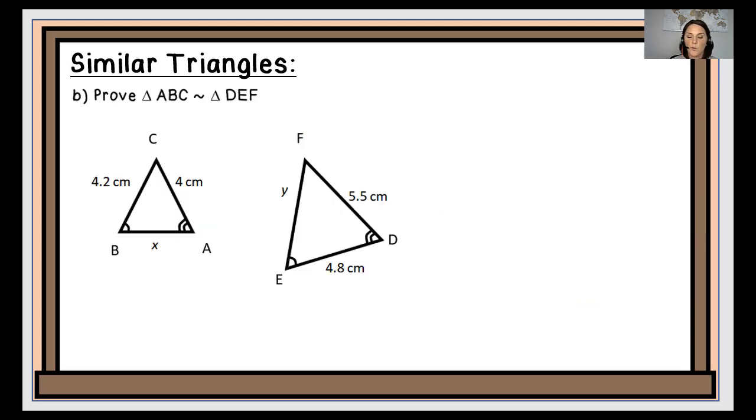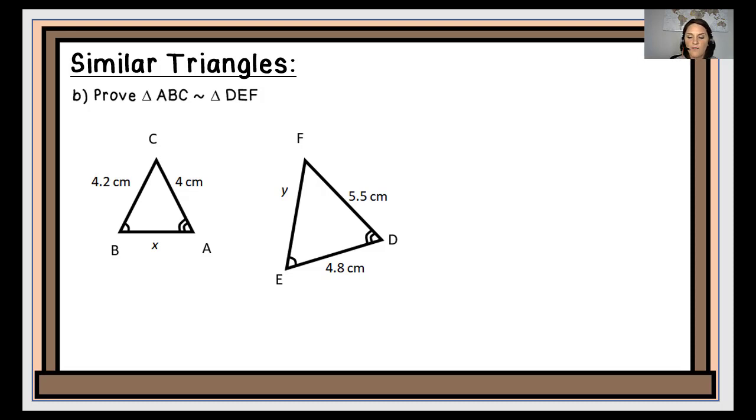Okay, last question. We're going to prove that triangle ABC is similar to triangle DEF. We're given ratios, however, we're missing X and Y. So I can't use ratios of side lengths because I would need all three ratios to be given. Next we're going to look at if we're given angles. I'm not given angle measures, however, I am given symbols that indicate that angles are equal.